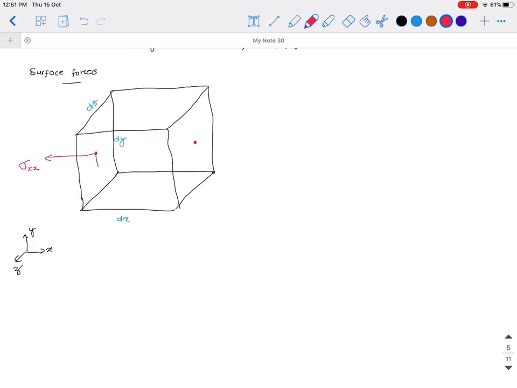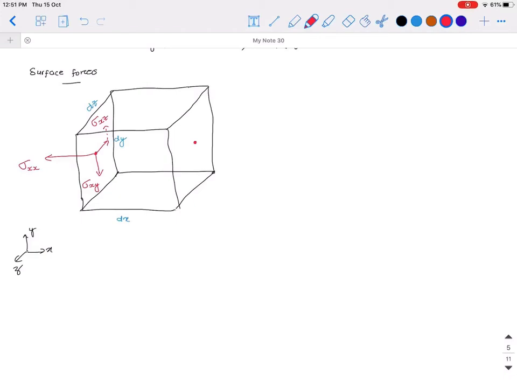Okay, and shear in two principal directions, sigma xy, and this is sigma xz.